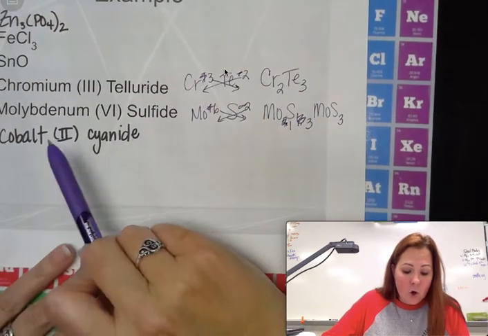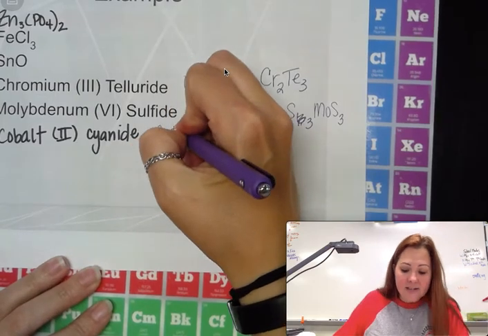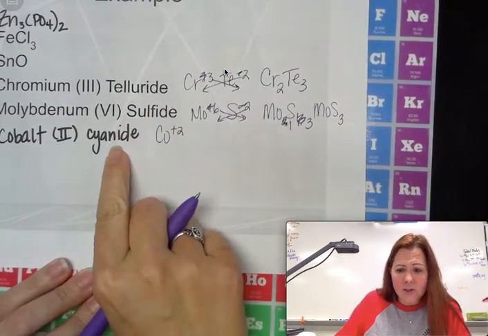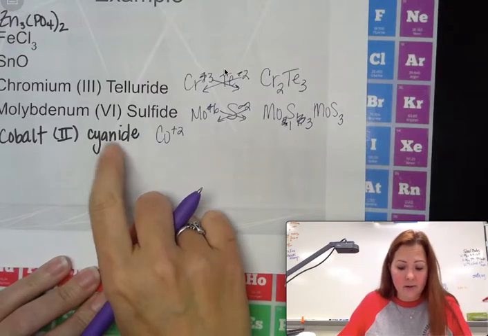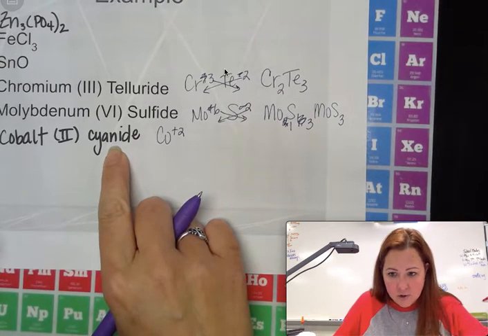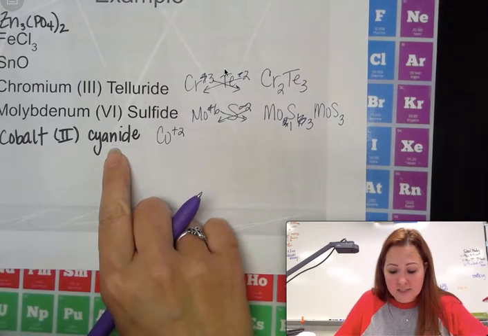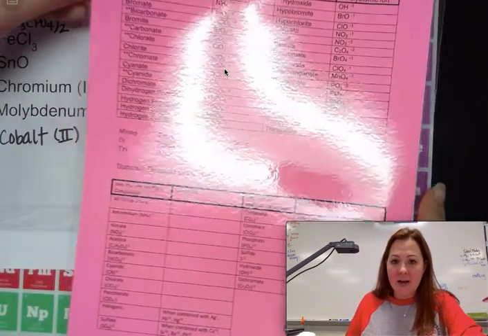On this one, I have cobalt(II). So cobalt has a +2 charge. Cyanide, if I tried to find that one on the periodic table, it's not there, because it's a polyatomic ion. There's 2 polyatomic ions that end in IDE, cyanide and hydroxide. So for my cyanide here, I would have to look it up on my polyatomic ion chart.